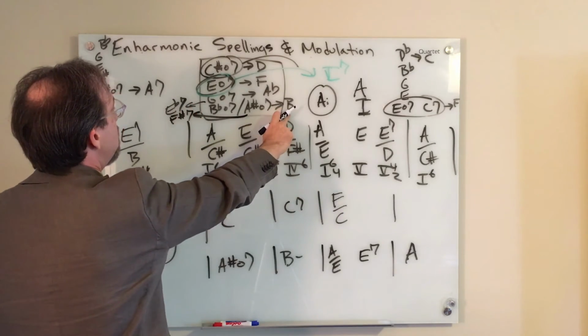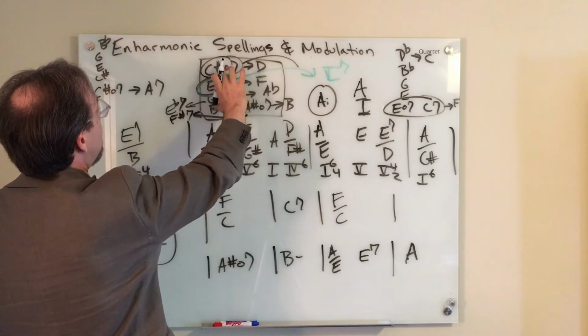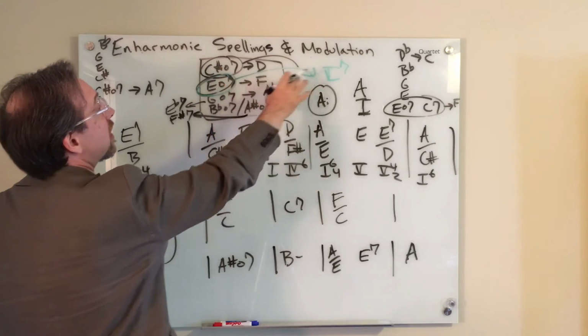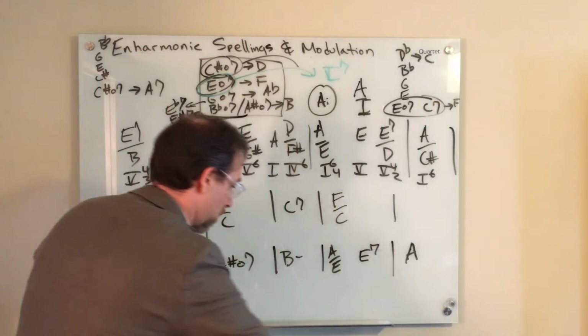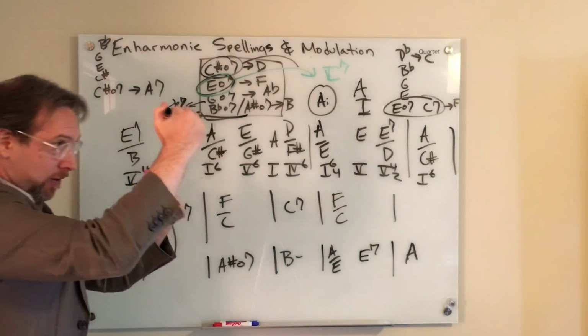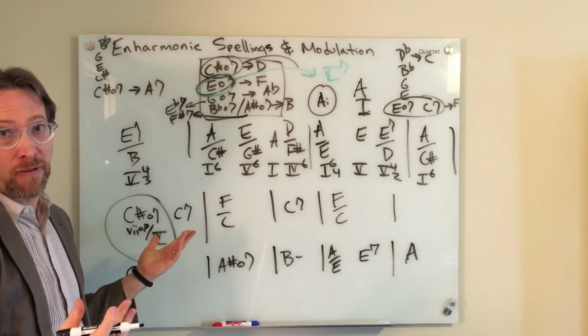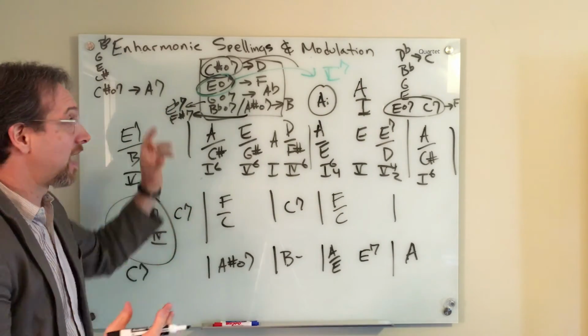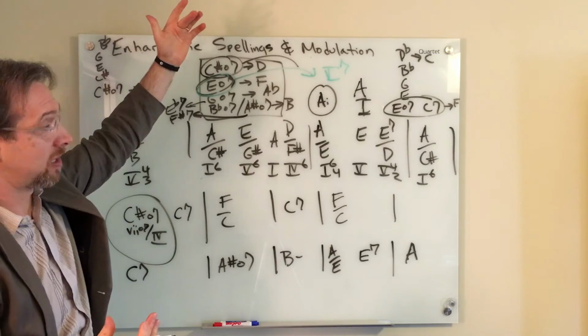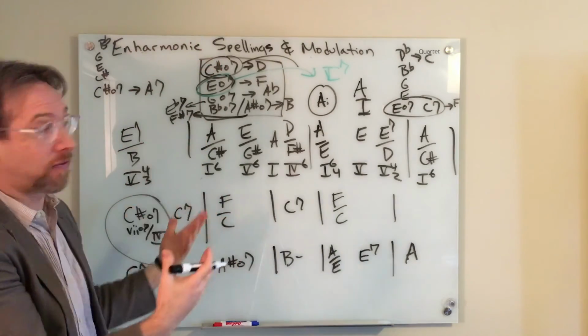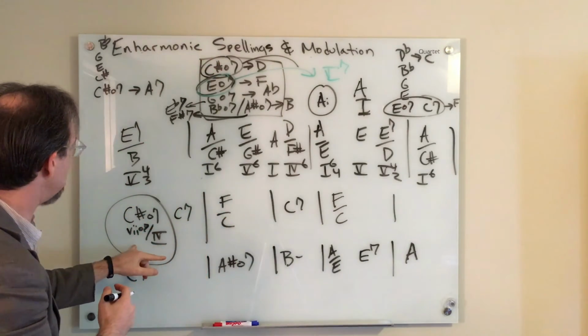And that would resolve to B. So you'll see that there's the diminished 7 and its corresponding 5-7 chord. Again, diminished 7 and 5-7 share 3 out of 4 notes, and that 7th of the diminished chord goes down a half step to create your 5-7 chord. So that's what's happening here.